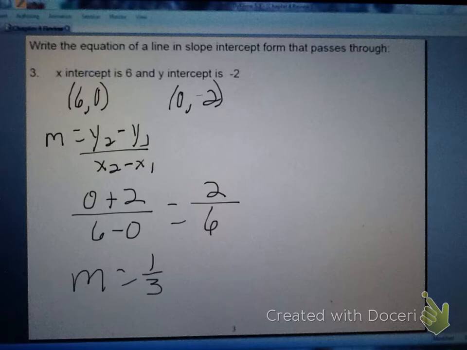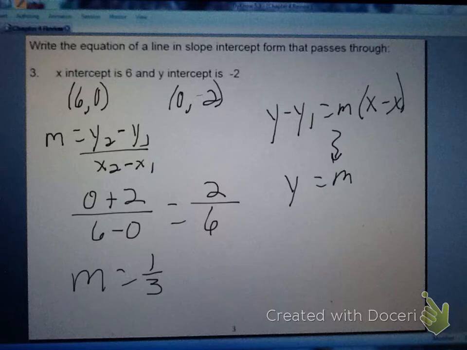Now, do I need to plug it into the point slope formula? Remember that the point slope formula simplifies down to the equation of the line, where b stands for your y-intercept, which is always the ordered pair 0, b.